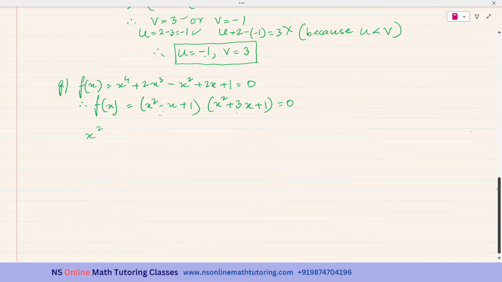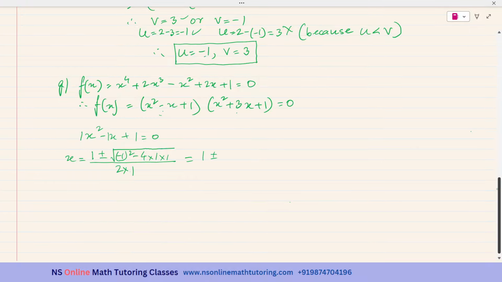So x square minus x plus 1 equal to 0. A is 1, B is negative 1, and C is 1. So x equal to negative B, so it is positive 1, plus minus square root of B square, negative 1 whole square, minus 4AC, so 4 times 1 times 1, over 2A, 2 times 1.